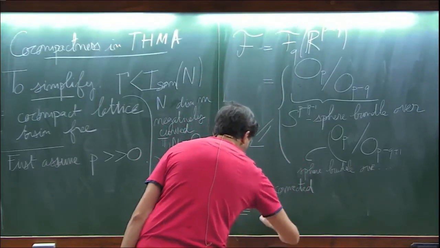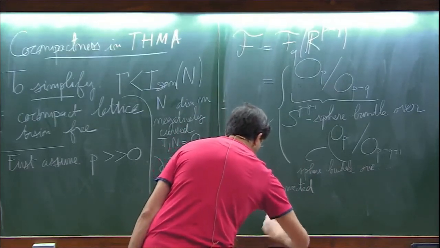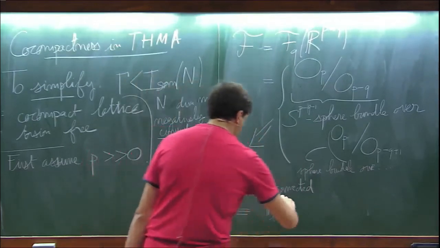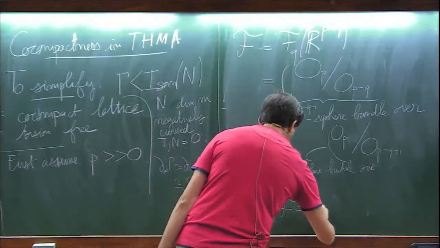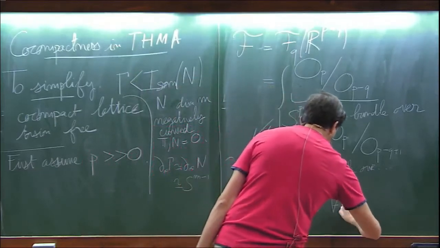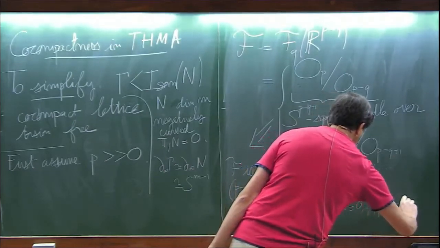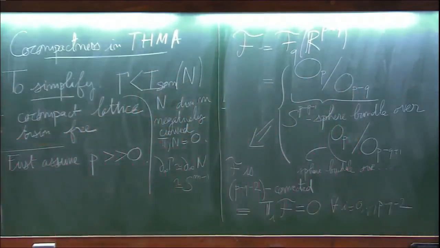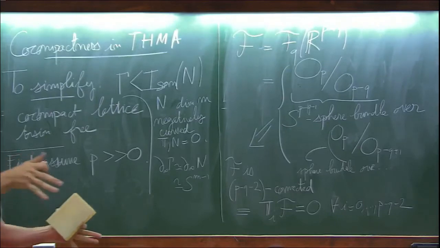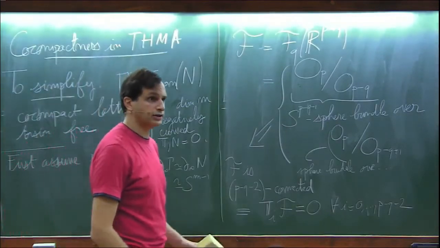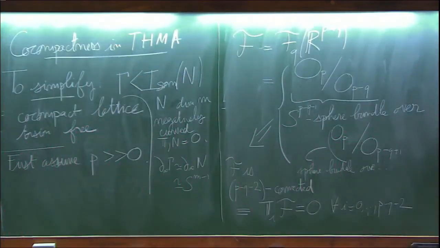Meaning that the homotopy groups pi_i of F are 0 for all i between 0 and P minus Q minus 2. So it's a sphere bundle over sphere bundle over sphere bundle, but as a homotopy group of sphere at least up to the dimension of the sphere, then you can deduce this for the fundamental group.